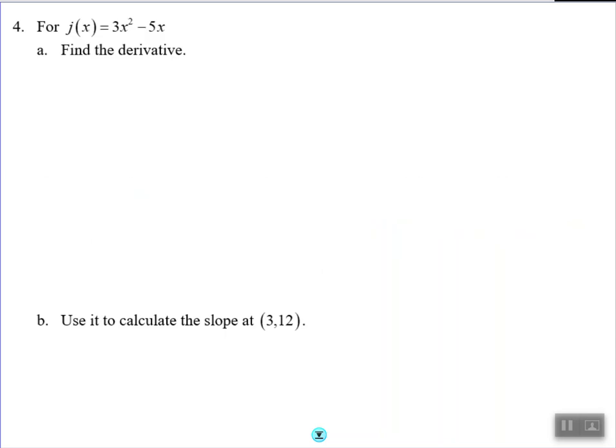So, if we have j of x equals 3x squared minus 5x, we want to find the derivative. So, j prime of x is going to be equal to the limit as h approaches 0 of j of x plus h minus j of x all over h.